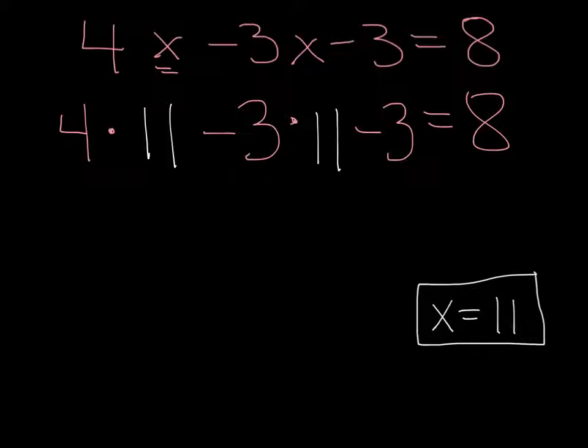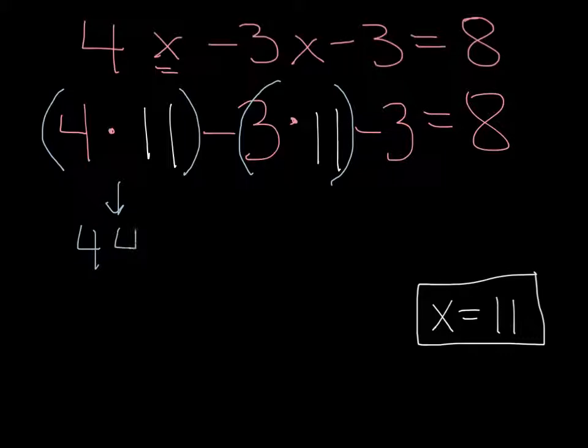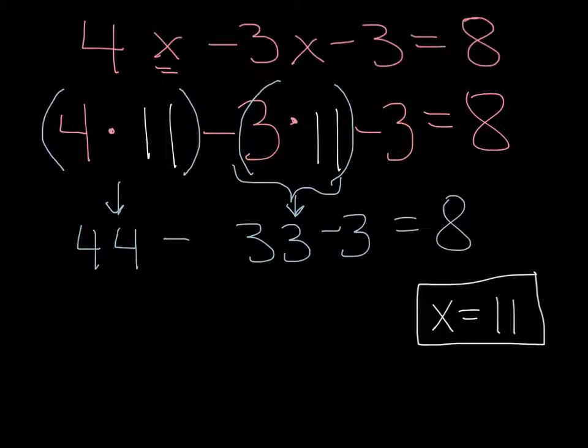So now we got to follow PEMDAS, right? PEMDAS says we got to do our multiplication first. So we got to do this guy, and then we got to do this guy before we do our subtraction, right? So 4 times 11 is 44 minus 3 times 11 is 33 minus 3 equals 8.